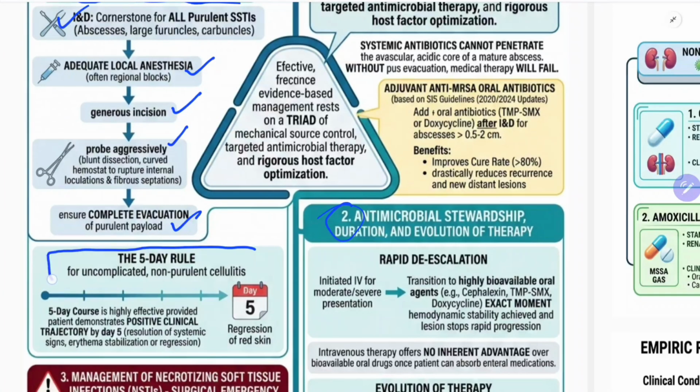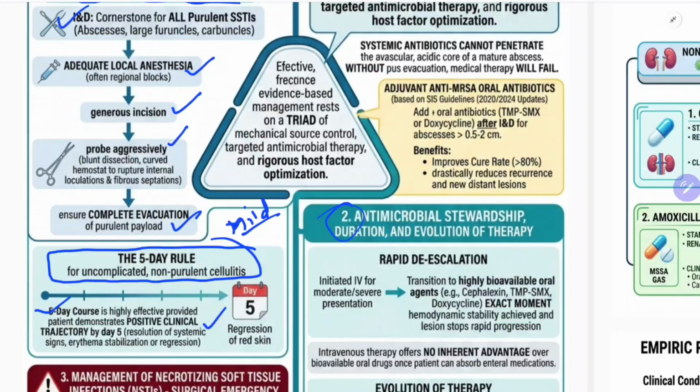The 5-day rule applies in uncomplicated non-purulent cellulitis, meaning mild cases. What is that 5-day rule? A 5-day course of antibiotics is highly effective provided the patient demonstrates a positive clinical trajectory by day 5. What is that positive trajectory? Resolution of systemic signs, and erythema stabilization or regression.